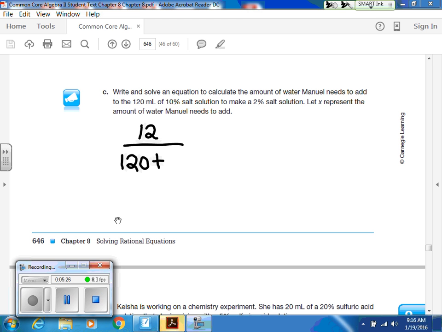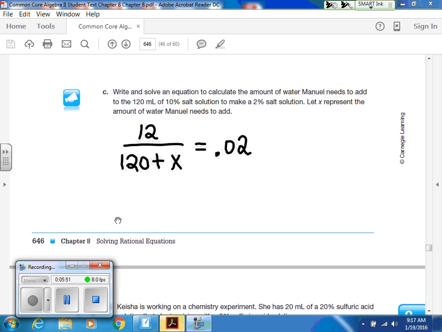No, so that's where we're going to put our x. Do we know what it needs to equal? What does it need to equal? 2%, which looks like what? No, it does not look like 0.2. 0.02. 0.2 is what? 20%. 0.02. Okay. That's what we're dealing with.